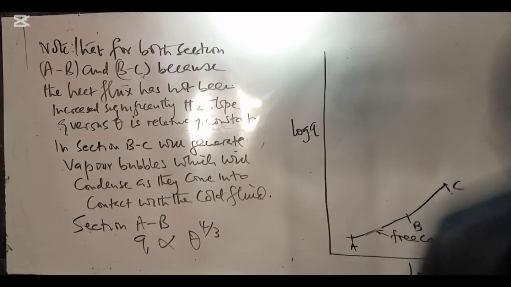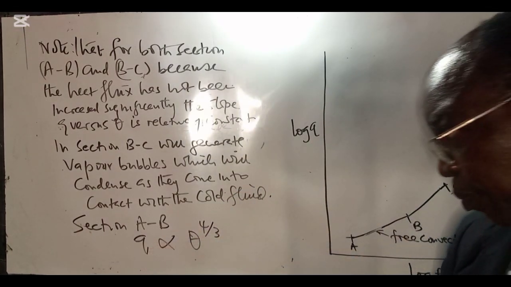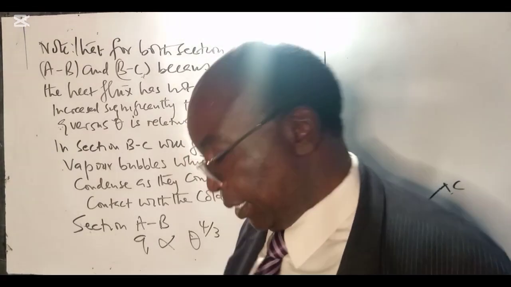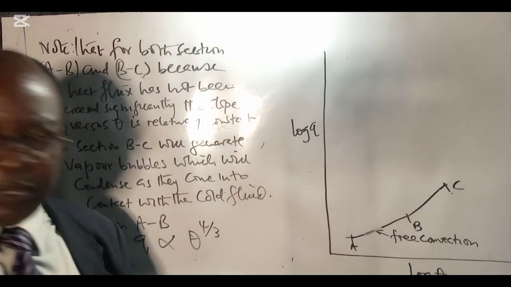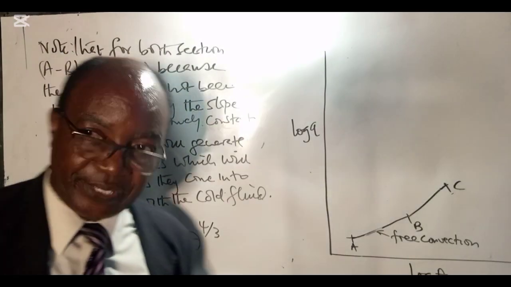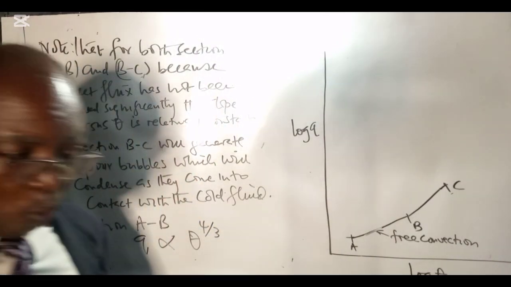So it's almost proportional in section AB. Now, as you continue increasing the heat flux in the system, what happens?